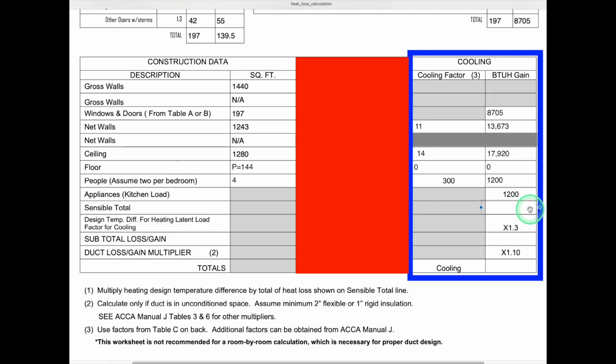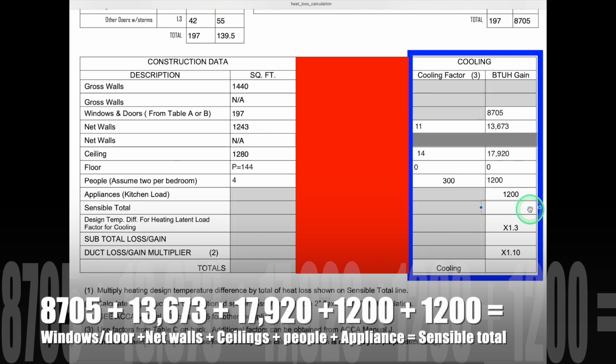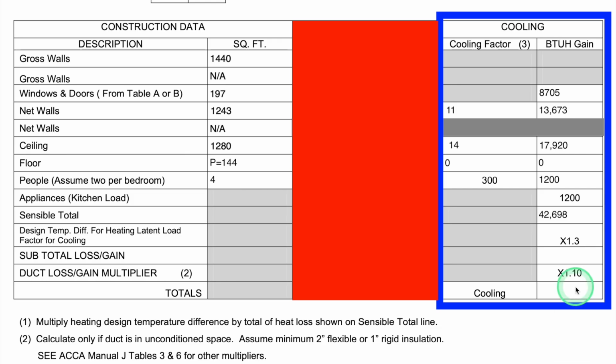So let's do that now. 8,705 BTUs plus 13,673 plus 17,920 plus 1,200 plus 1,200 again. That gives us 42,698.